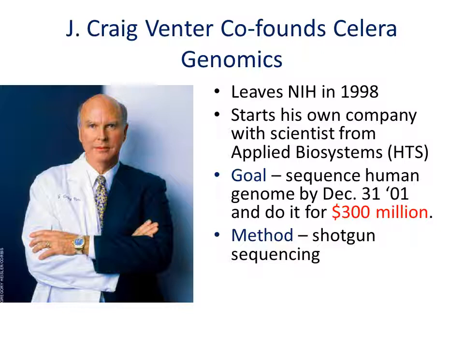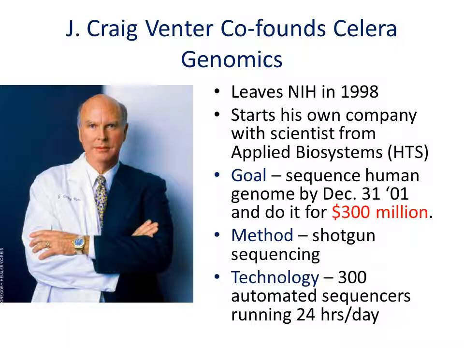So he wanted to use a method called shotgun sequencing, which I will not go into detail on. He also was able to obtain 300 automated sequencing machines that would then be running 24 hours a day around the clock.